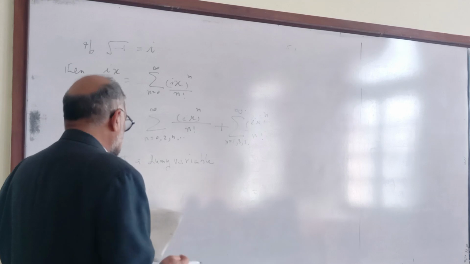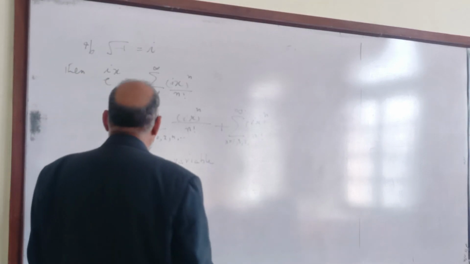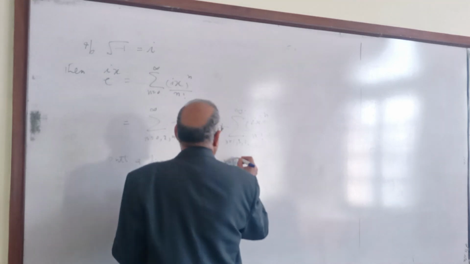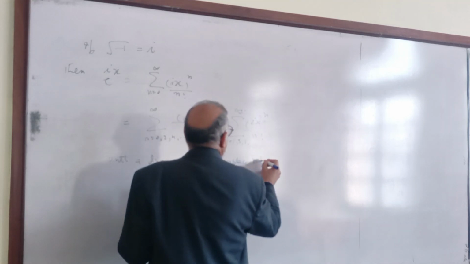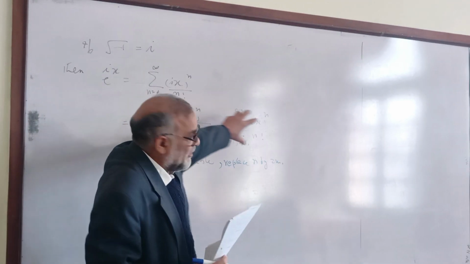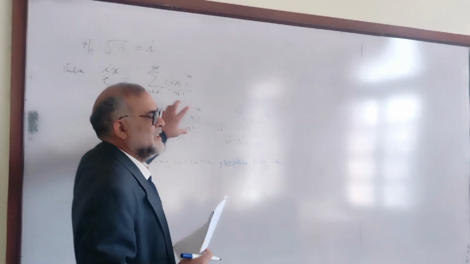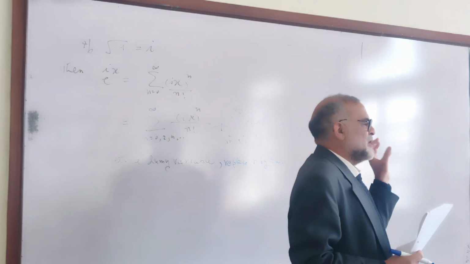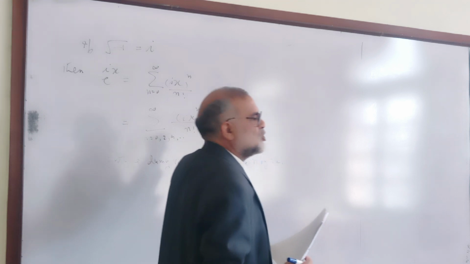Let us replace n by 2m. We want to write this in a simpler form. That is why I am replacing n by 2m.